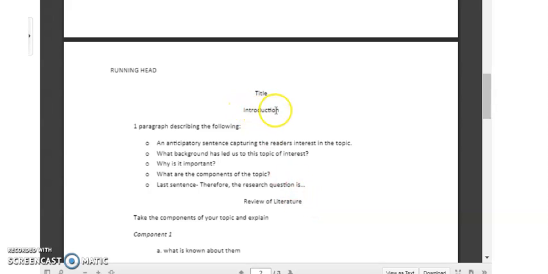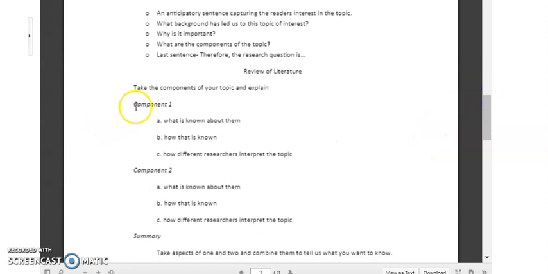Your introduction is your level 1 heading. Remember, level 1 headings are centered, bolded, and in Times New Roman, 12-point font. And then you have your review of the literature. When you start your review of the literature, you are going to put your component 1, which is your heading or subheading, heading 1, and you're going to write about it.